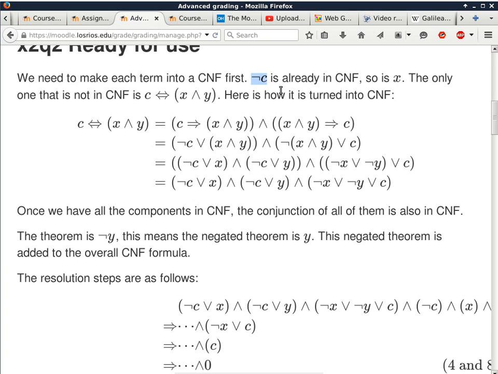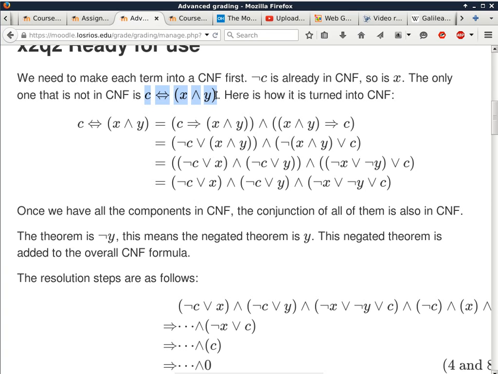X is even easier. There's no negation, it's just a variable, so it is also in CNF. The only one that is not in CNF is this one here, and it cannot be in CNF because it's using operators other than conjunction and disjunction. The double-sided arrow is an operator that you cannot use in CNF.